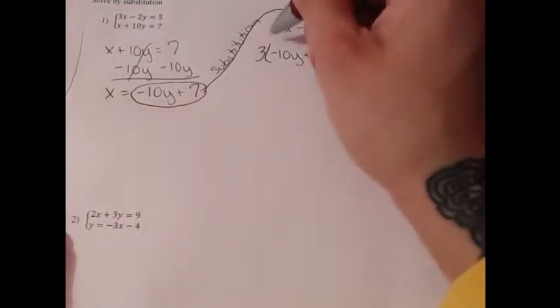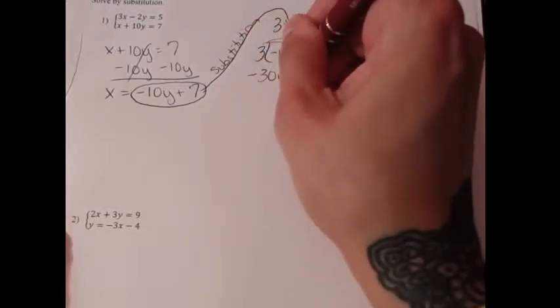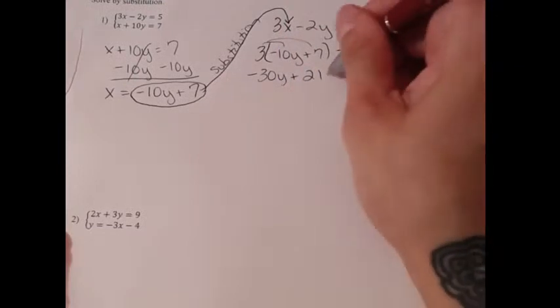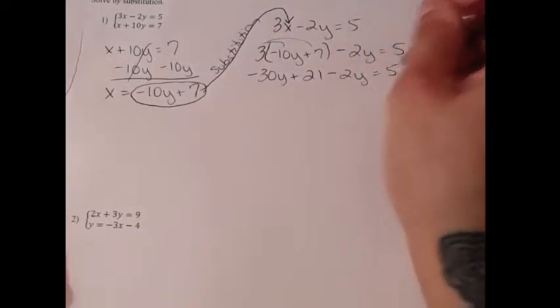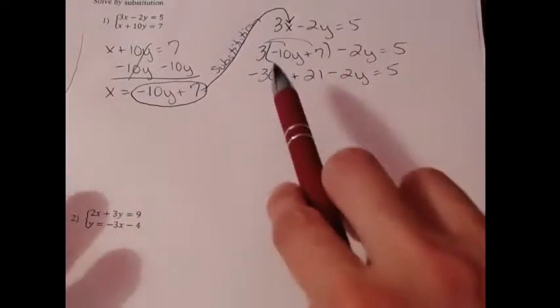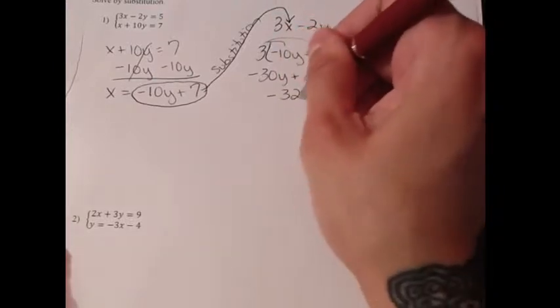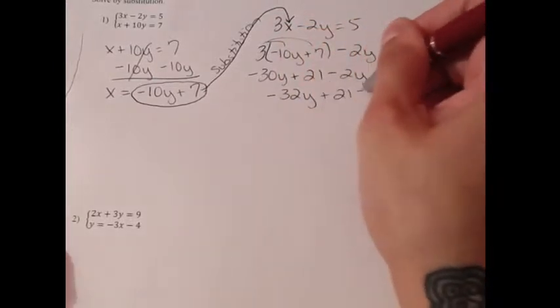All I have to do is distribute. So we have negative 30y plus 21 minus 2y is equal to 5. As always, we clean up like terms first. So negative 30y and a negative 2y gives us negative 32y plus 21 is equal to 5.